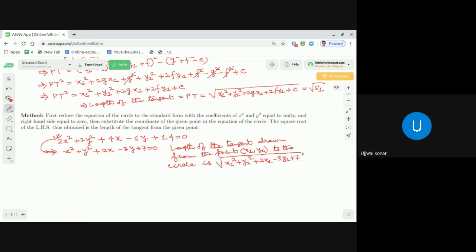Sorry, not the equation, that is the length of the tangent. So this is the method.